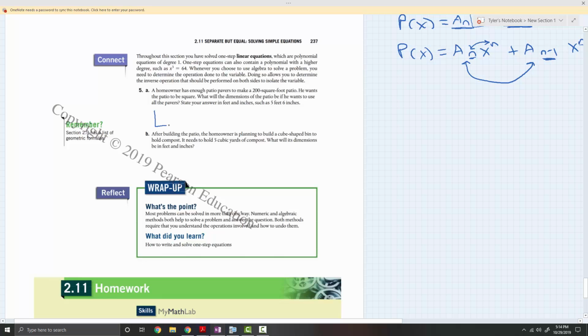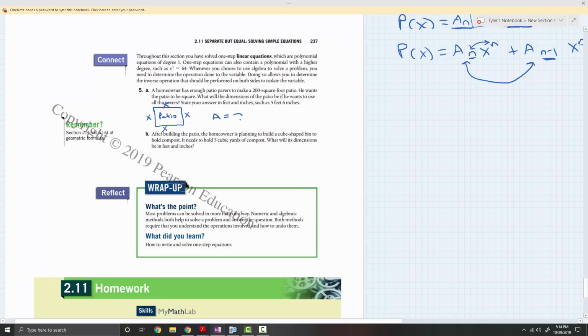So if you draw a picture real quick, what's being asked is we have this square, right? And a square has the same side on all sides, right? So maybe we let x equal the side of the square, right? So all around the patio, we have x's. This is my patio.